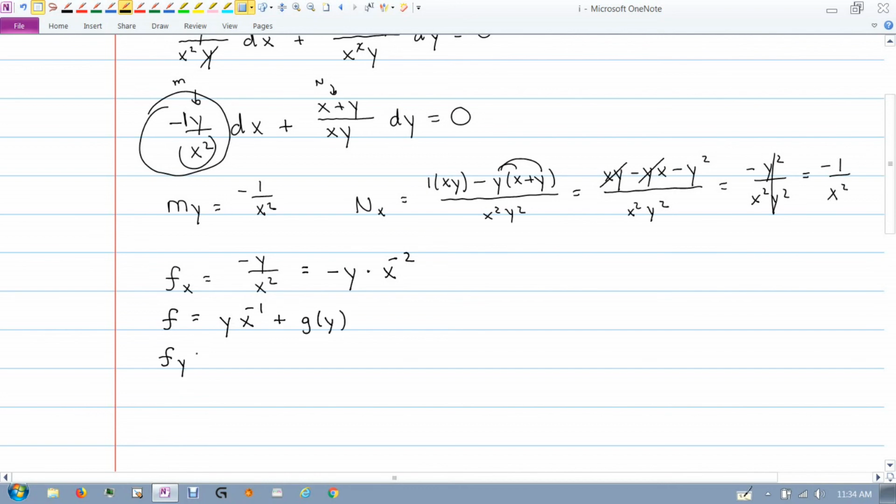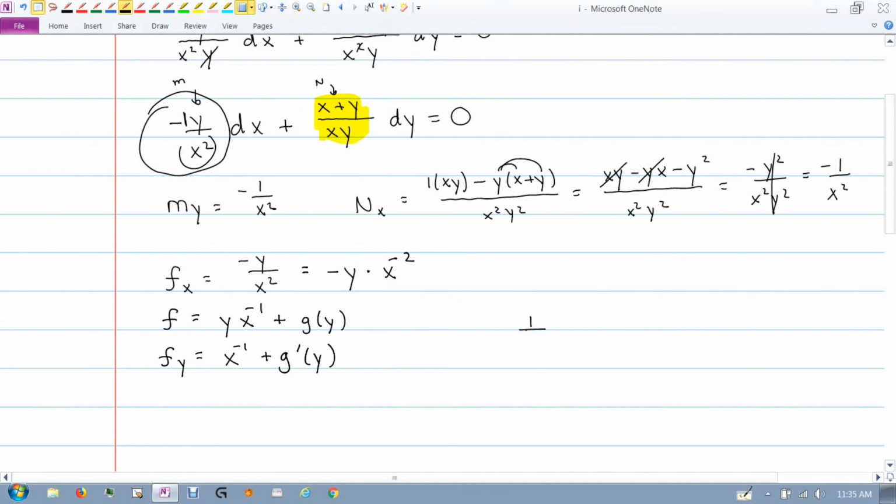Now we differentiate with respect to y, and now x is the constant, so you just get x to the negative 1 plus g prime of y, and that must match with this here. Now, doesn't look like it does, but let's write what we've got.